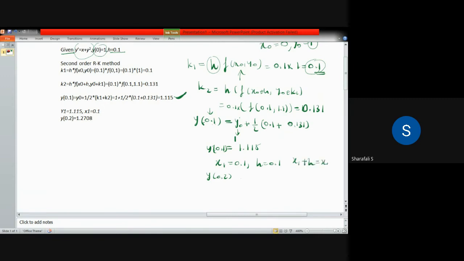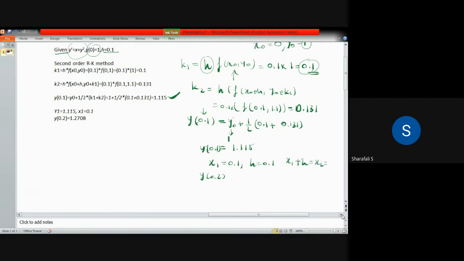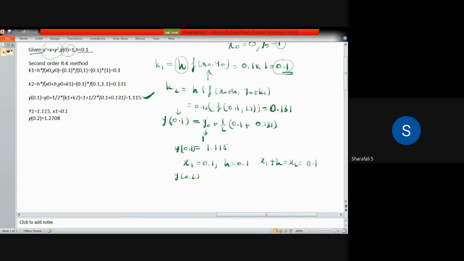Then you will get x2, and this x2 will be equal to 0.2, because now your x1 is 0.1 and h is 0.1. Then you will be getting y of 0.2. So you have to repeat all these steps again by taking x1 as your initial x value, and y of 0.1 as your initial y value.